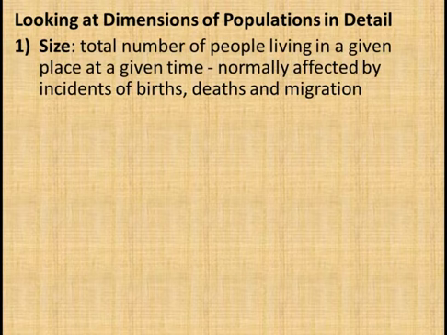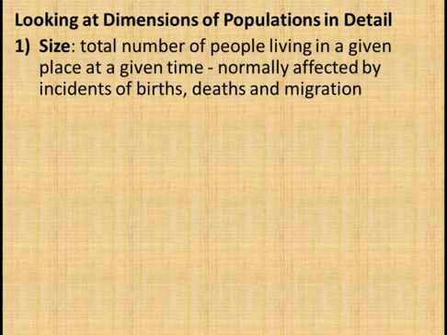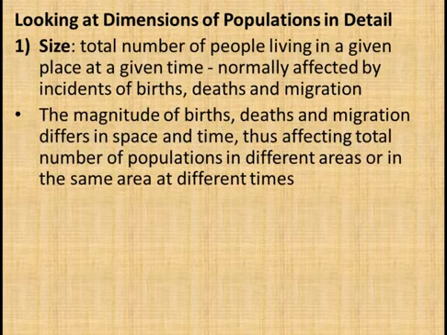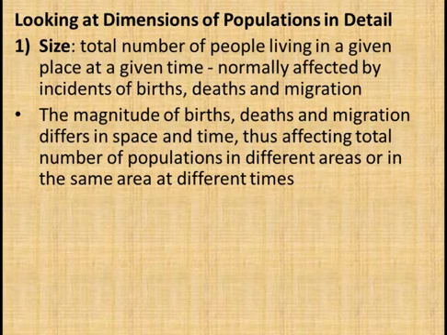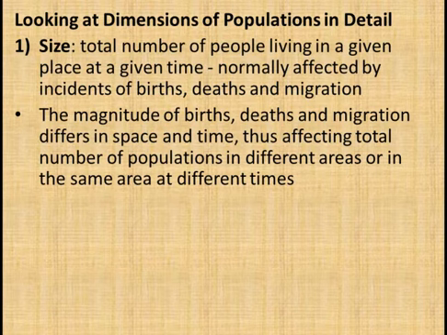The size of a population is affected by incidents of births, deaths, and migration. The magnitude of births, deaths, and migration differs in space and time, thus affecting the total number of populations in different areas or in the same area at different times.